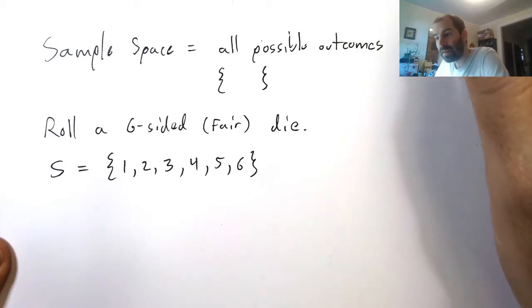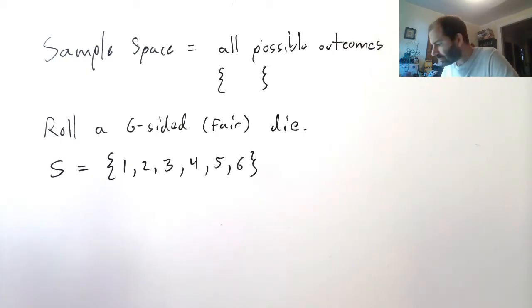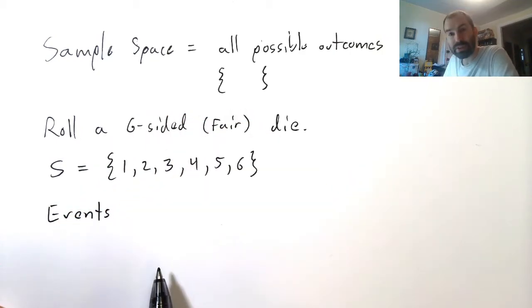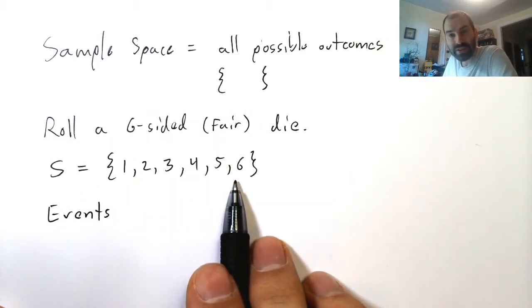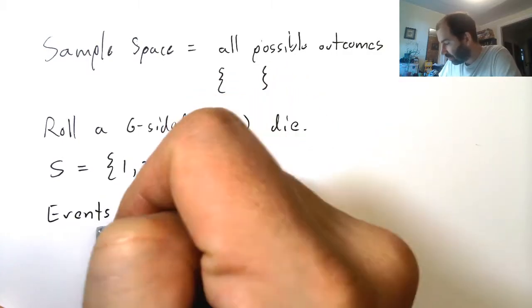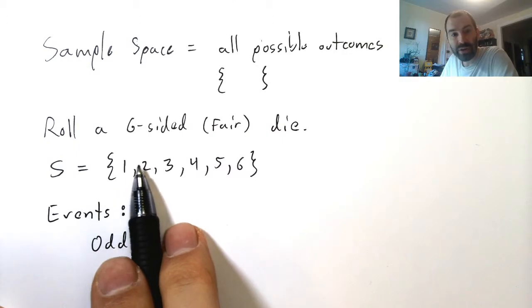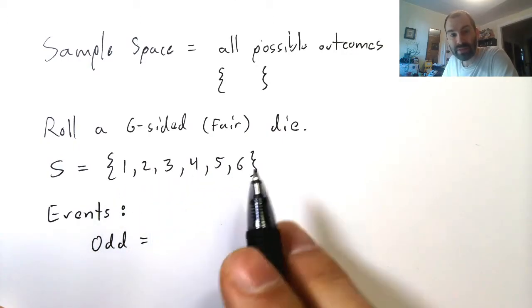Okay. Well, what are the events that I might be looking for obtaining here? Well, I might be asking, what's the probability of rolling an odd number? Okay, so the events that I could come up with are descriptions of parts of this sample space. All right, so if I say odd, I can write that in terms of this sample space. Right?